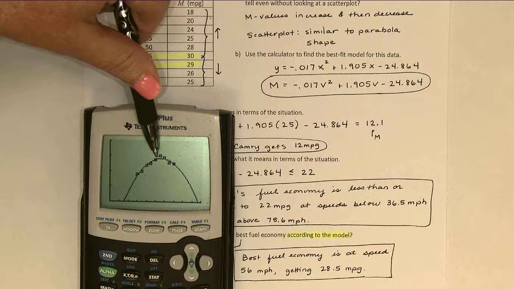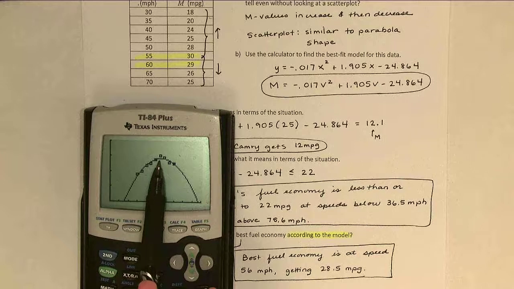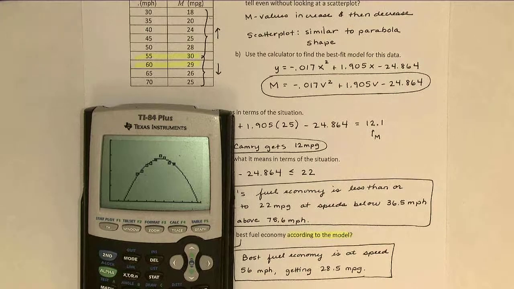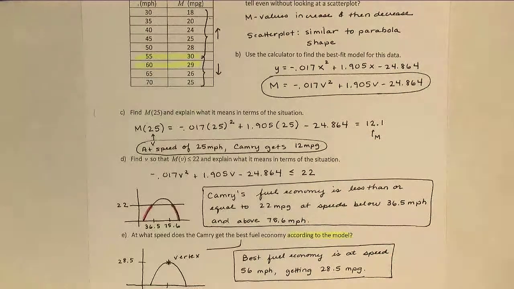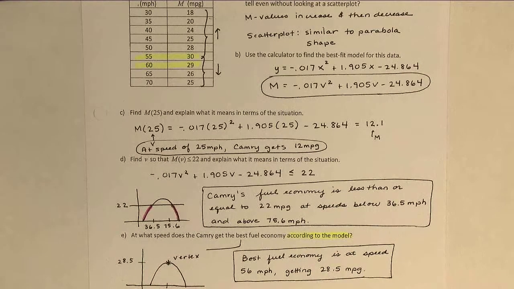And in fact, right here, I'm missing those maximum data points. So according to the model, the maximums are going to occur at the top of the parabola, the vertex. But according to the data, it will actually be at the data point that's a little bit above that. So when you're asked according to the model, you may get an answer that's a little bit different than what you actually saw in your data table. All right, we'll wrap up this section with the next video.